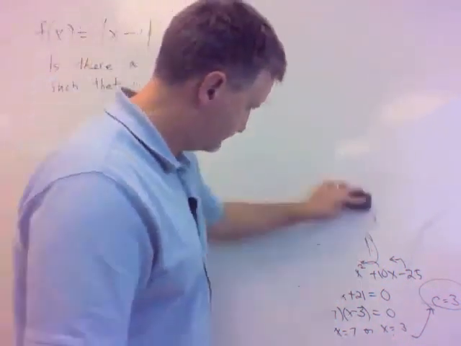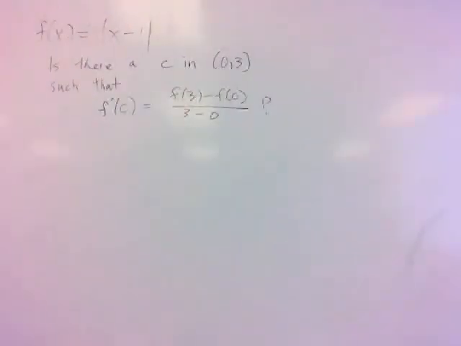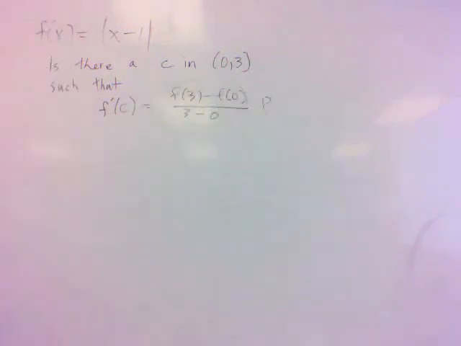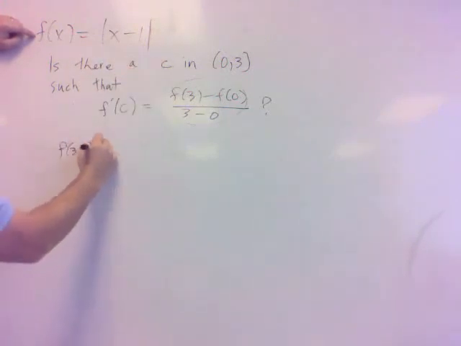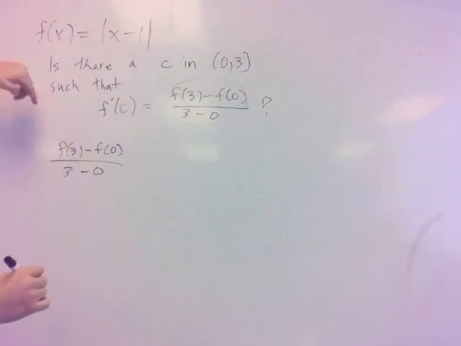Well, let's think about that. Well, first of all, let's just see what this is. f of 3 minus f of 0, 3 minus 0. Okay. So f of 3 would be 2, wouldn't it? Let me just write that here.